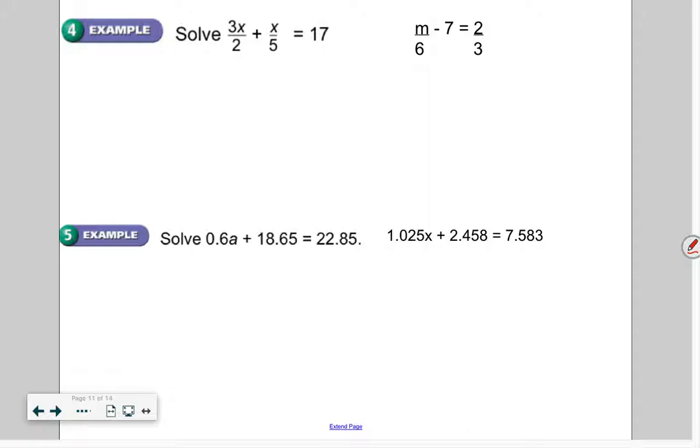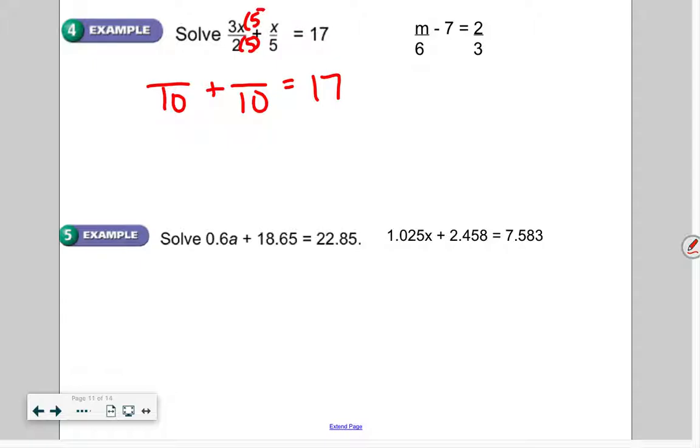So fractions. Get a common denominator to begin with. What would be the common denominator for 2 and 5? 10. Okay. What are we going to take times 2 to get 10? 5.